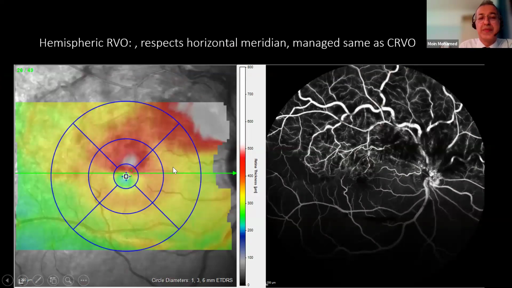So in a branch vein occlusion, the edema is always a wedge going up to a branching point. We're going to talk about branch vein occlusions, but it's always at the point where an artery crosses over a vein, invariably related to arteriosclerosis. There's a common adventitia. So if the edema goes up to the disc, it's either a CRVO or a variant known as a hemiretinal vein occlusion, which, for treatment purposes, we treat exactly the same way.